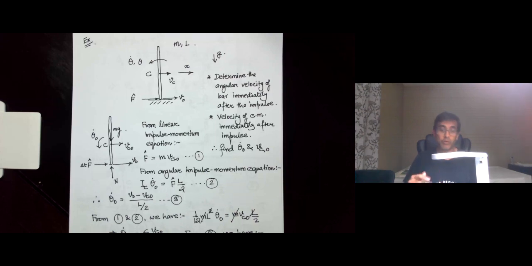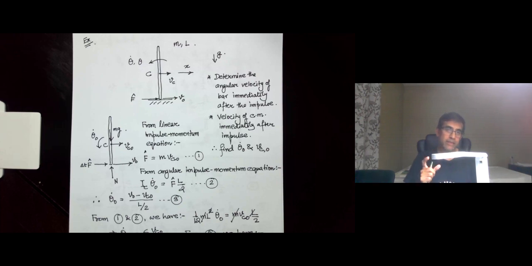Now, if you go to the fundamentals of this angular impulse momentum equation, you will see that typically this angular impulse momentum equation, or for that matter the overall angular equations of motion, are typically written about either the center of mass, number 1, or it is written about a fixed point.